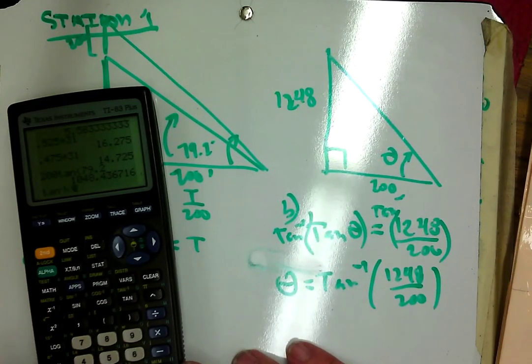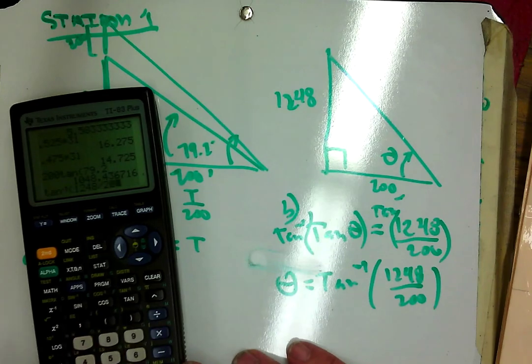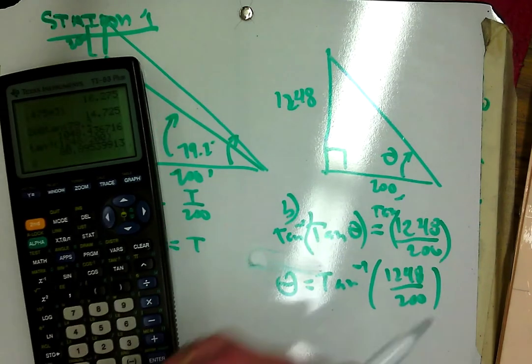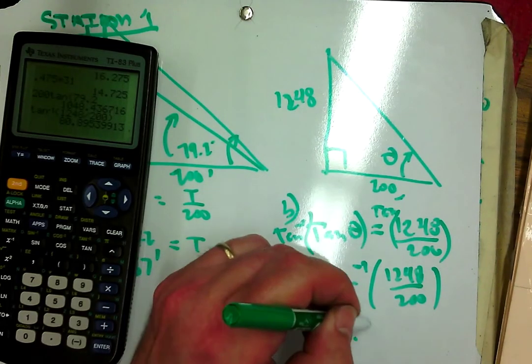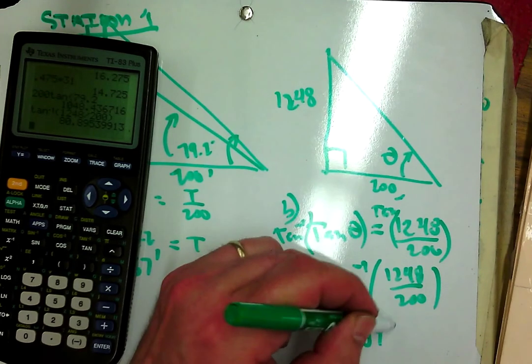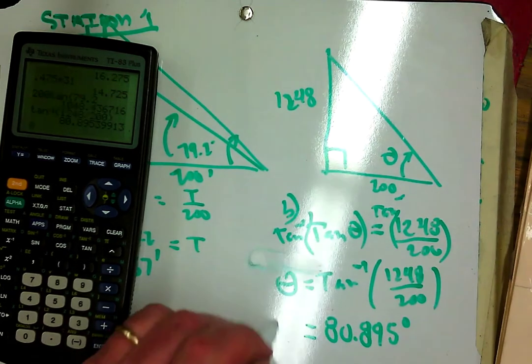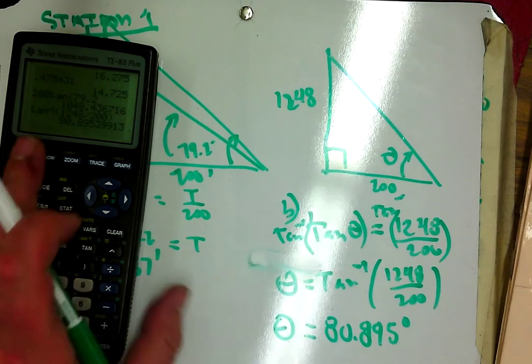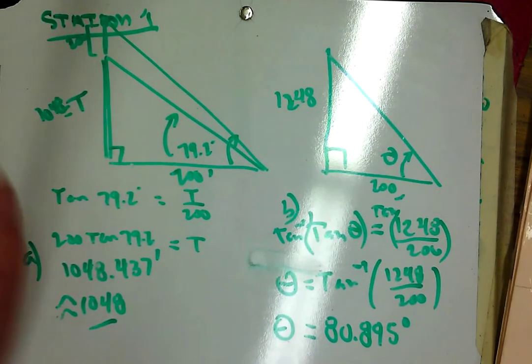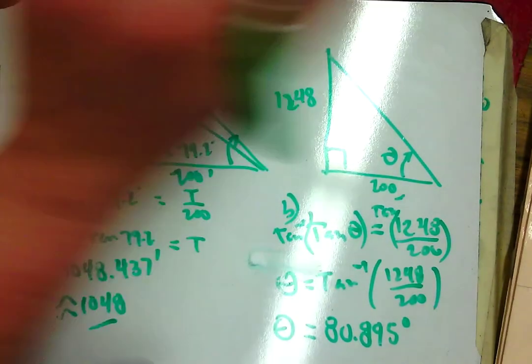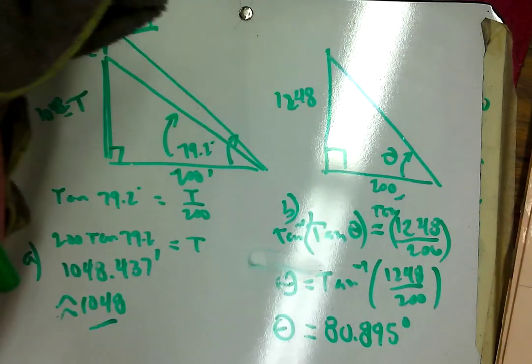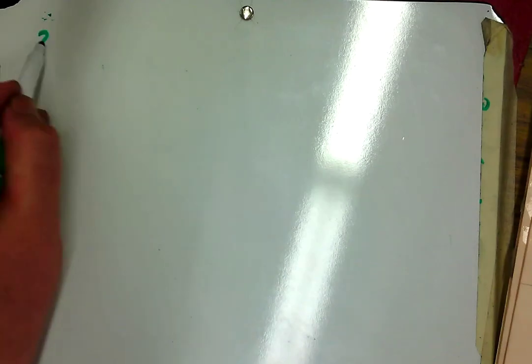Tangent inverse 1248 divided by 200. And I get 80.895 degrees as our angle of elevation. Okay, that's quite high. We have to really crane our neck up to see that. So there's problem 1. What about problem number 2?